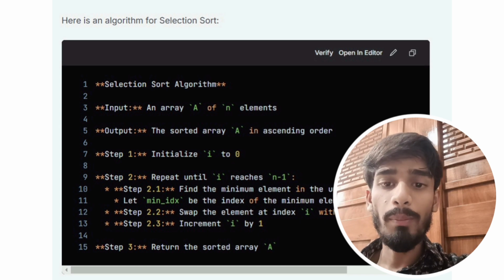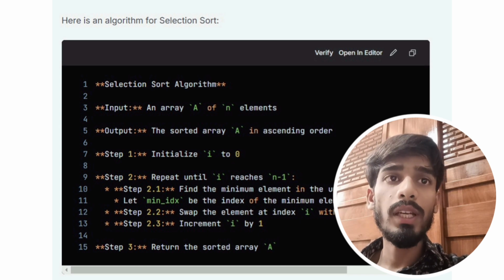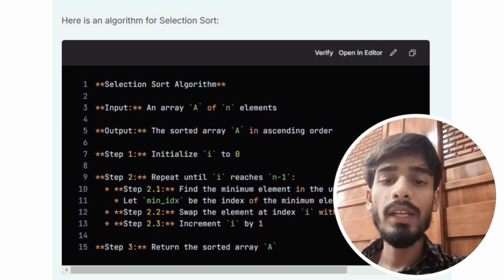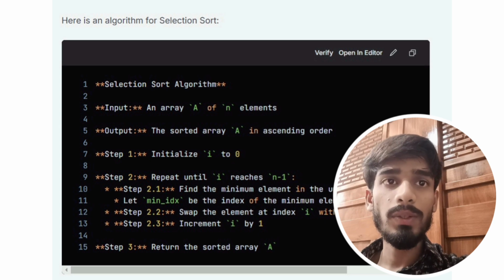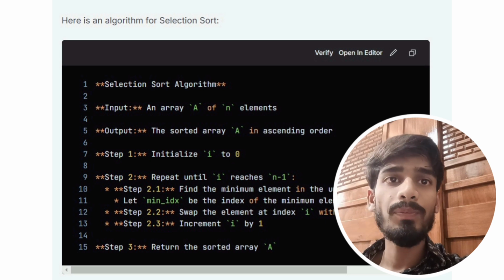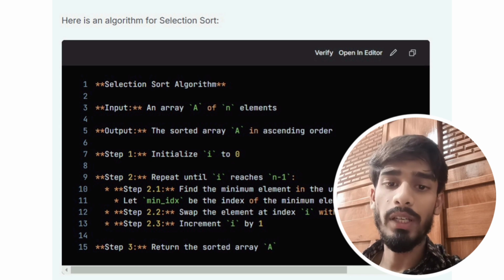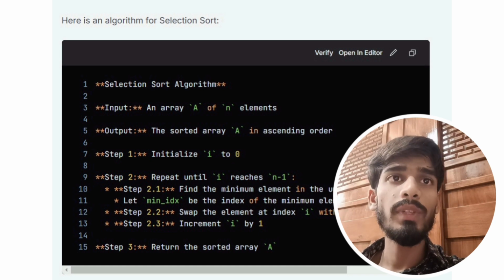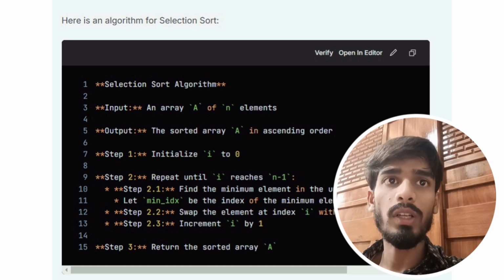Let min i be the index of the minimum element. Next, we swap the element at index i with the element at index min i. Next, we increment i by 1. Step 3, we return the sorted array. Here is a Python code which illustrates this algorithm.